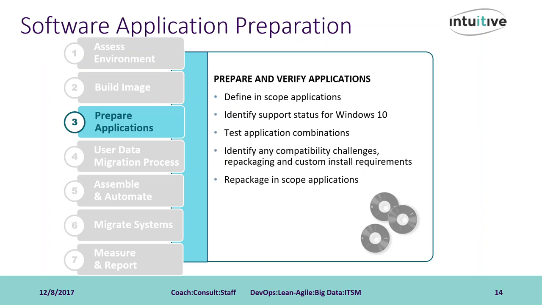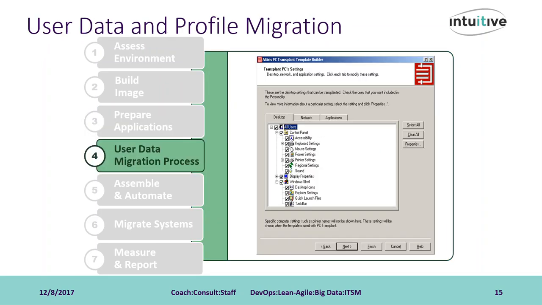You'll need to take note of any custom install requirements when repackaging and test them thoroughly again. So by the end of this phase, all of your in-scope software applications should fully be tested, repackaged, and ready to be added to a policy or task as part of your imaging process.